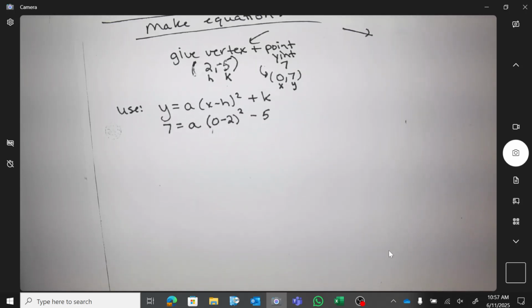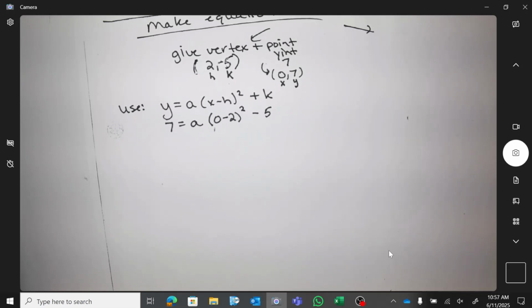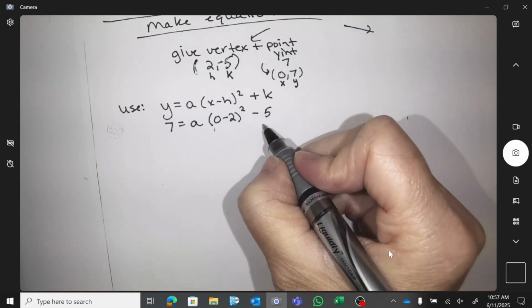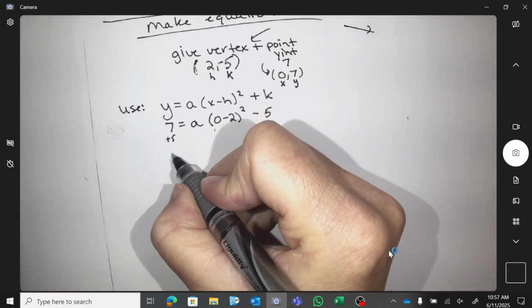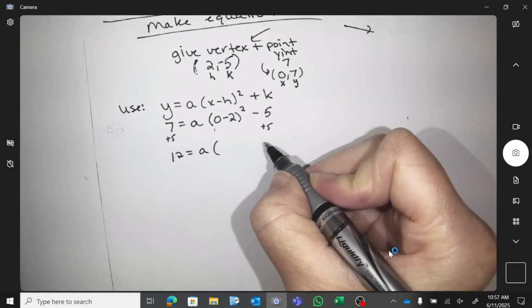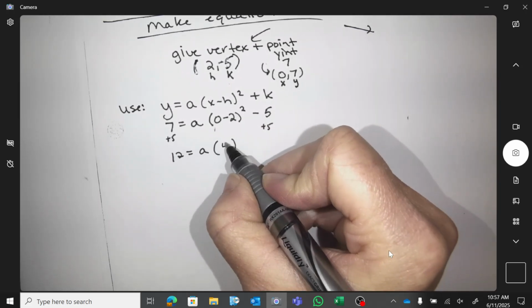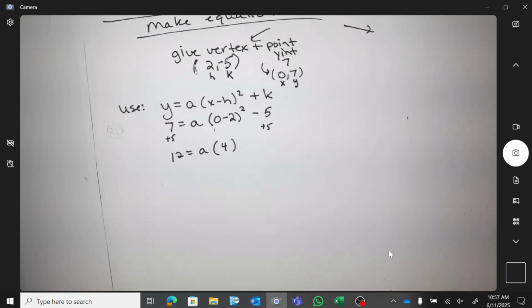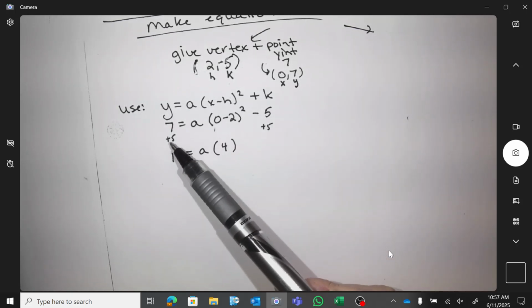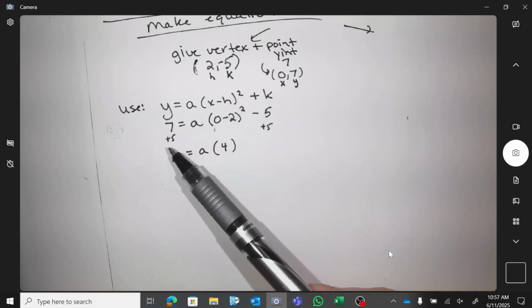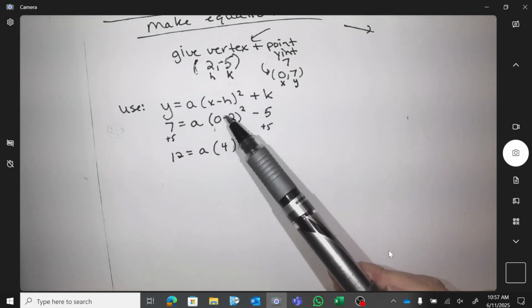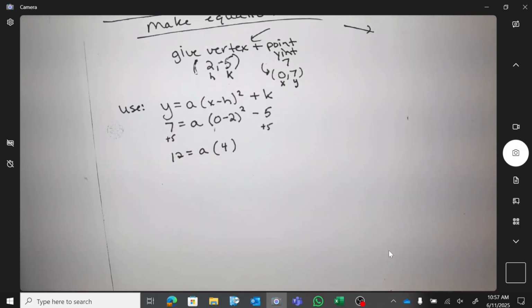Okay, do you understand this algebra? It has to follow some BEDMAS stuff, right? Okay, so I have to move the 5 over there. That's one step. And I have to do this stuff's getting squared.